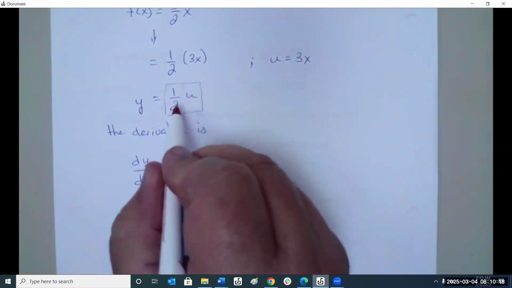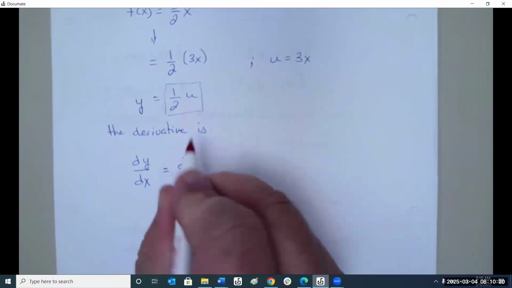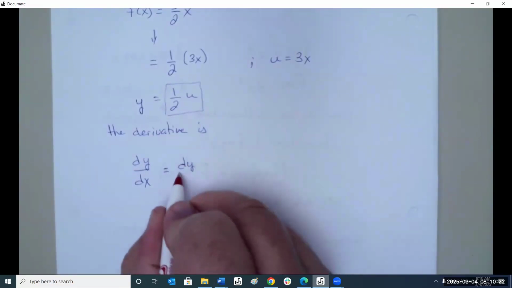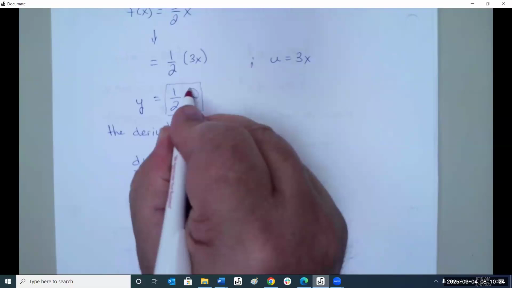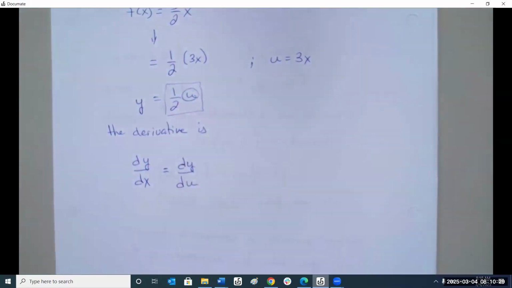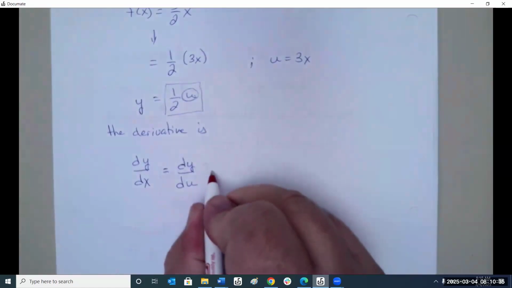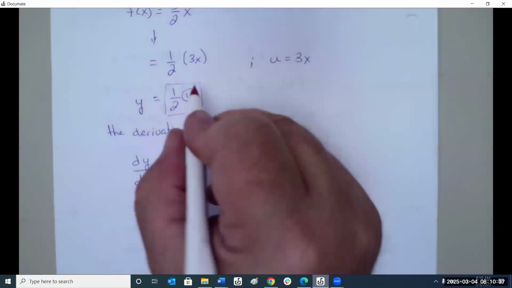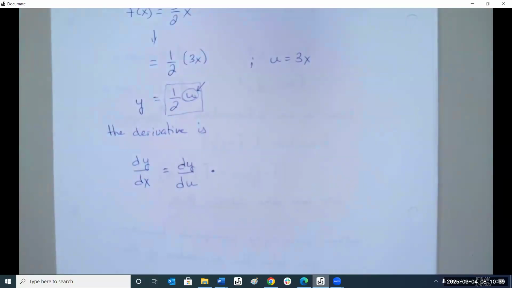So what we have to do here is the outer function is dy, and the only variable inside there is u. So I'm taking the first part with respect to u. That's the outer function. Now I've got to multiply by the derivative of the u.